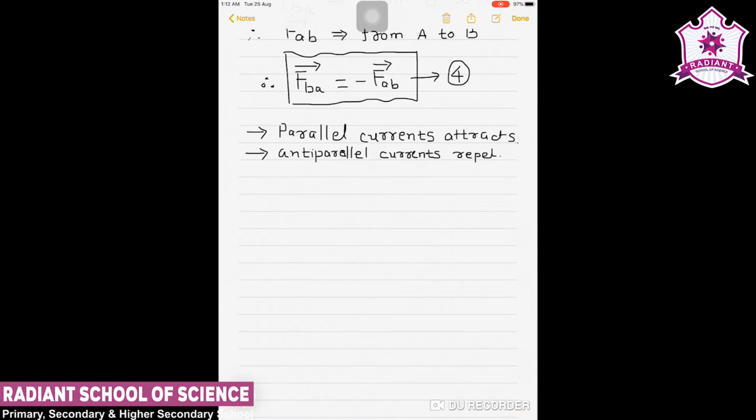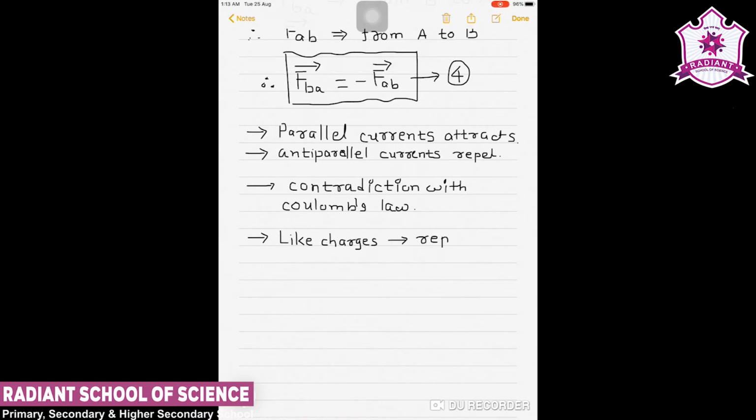If we compare it with Coulomb's law, it shows a contradiction: like charges repel and unlike charges attract.